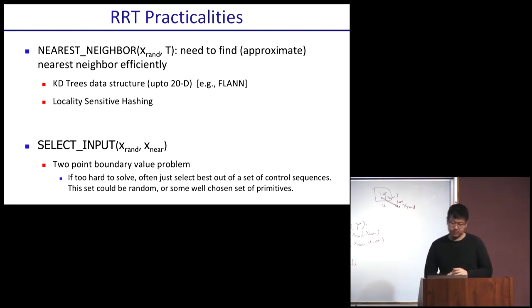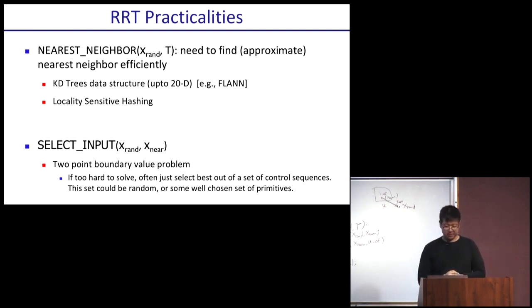Yes, and here are some RRT practicalities. Nearest neighbor: we need to find the nearest neighbor efficiently. The KD tree data structure can find this, and you can also do locality sensitive hashing. There are some more algorithms you can find for finding nearest neighbors.